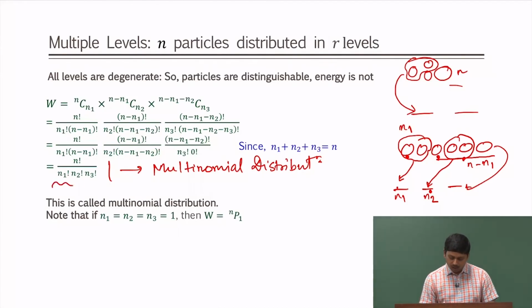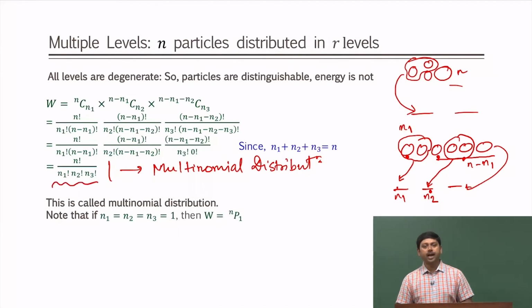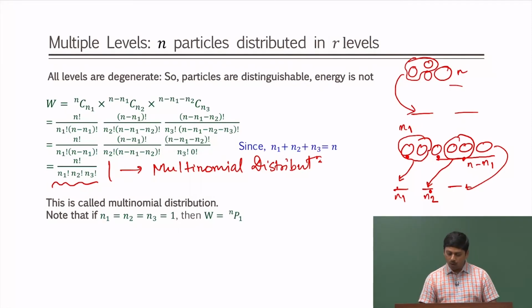So now, this is the formula that needs to be used when we are talking about distinguishable particles and multiple levels. Still, you see, we have only one constraint here, that is the total number of particles, that has to be some value n. However, we do not have here any energy constraint. So this formula is typically applicable when we have all degenerate energies, that means all energies are equal.